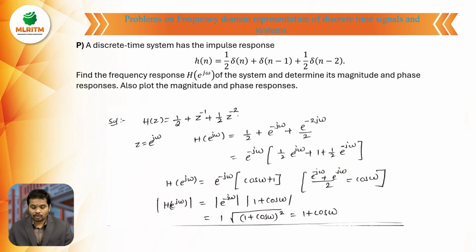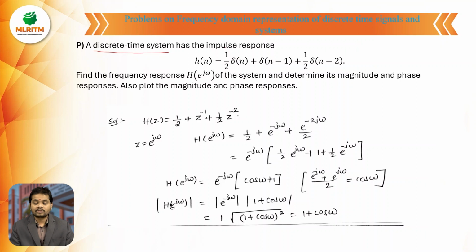Coming to the first problem, a discrete time system has an impulse response h of n equals 1 by 2 del of n plus del of n minus 1 plus 1 by 2 del of n minus 2.